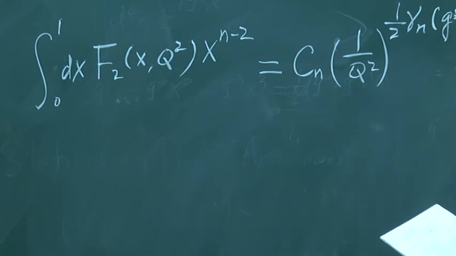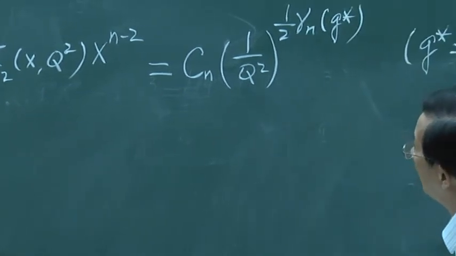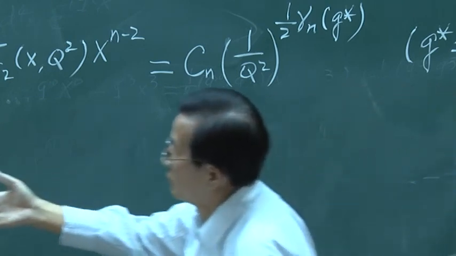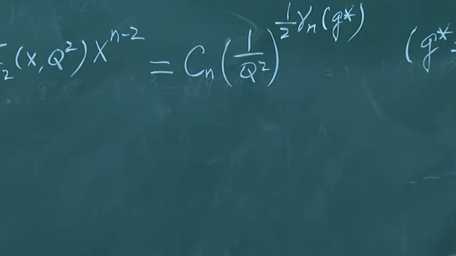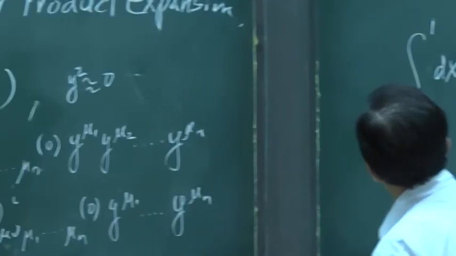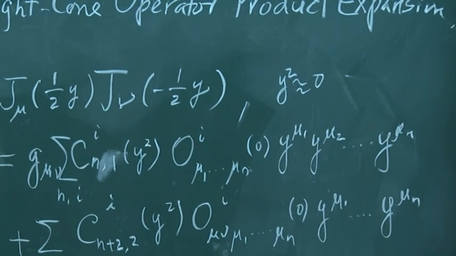And this assumes that g star is not zero. This C n is just some coefficient from this thing here. Oh, I'm sorry, the C n will be just equal to this.